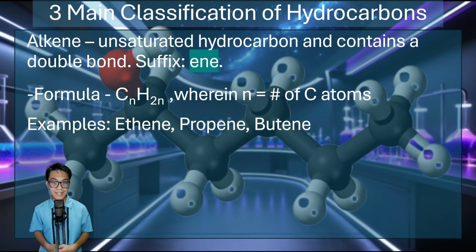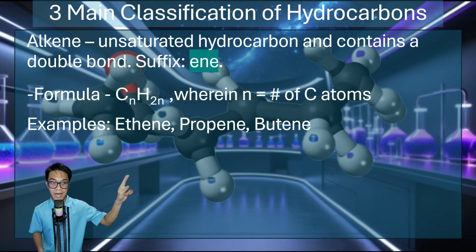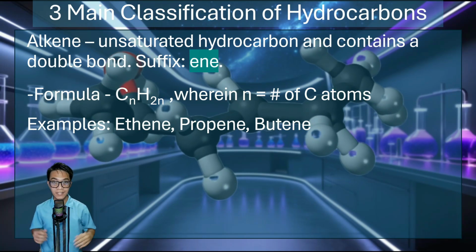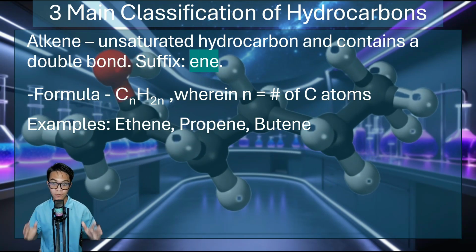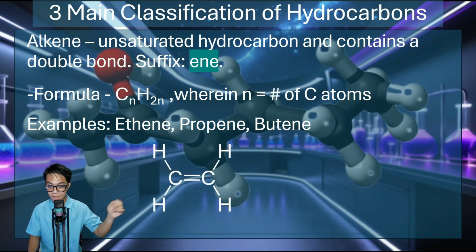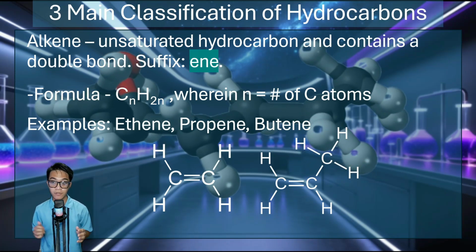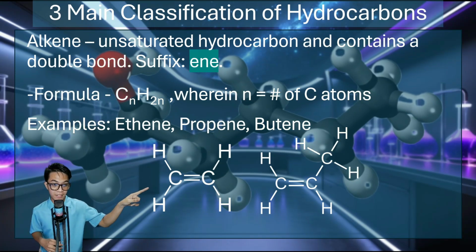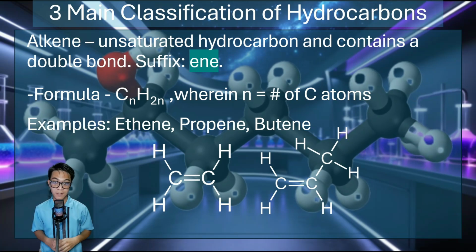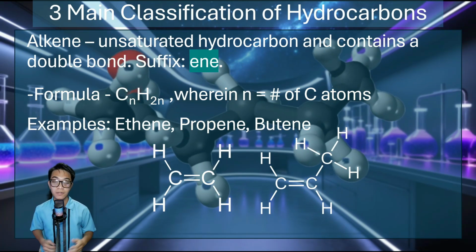We have here examples of alkenes, which are ethene, propene, and butene. Basically, as you can see, we just substituted the suffix with -ene. And these are the specific structural formulas for our hydrocarbon examples of ethene and butene. As you can see, they have double bonds connected between carbon and carbon.